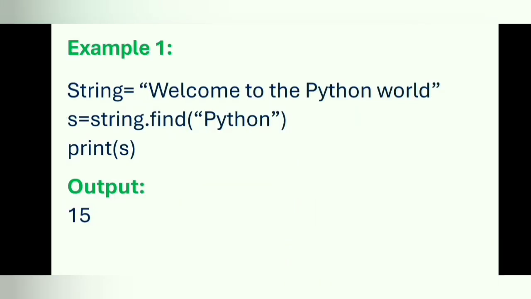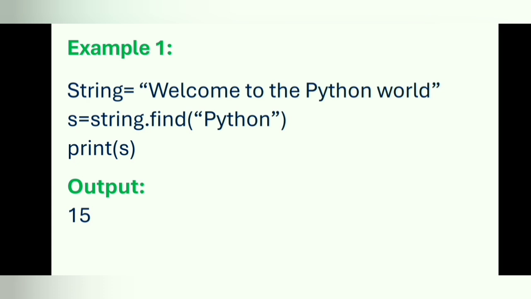To get a better understanding of the method, let's examine some examples of the string find method in Python. Example 1. In this example, we assign the string value "welcome to the Python world" to the variable string. In the following statement, we apply the string find method to this string by passing the substring Python as an argument and store the result in a variable s.